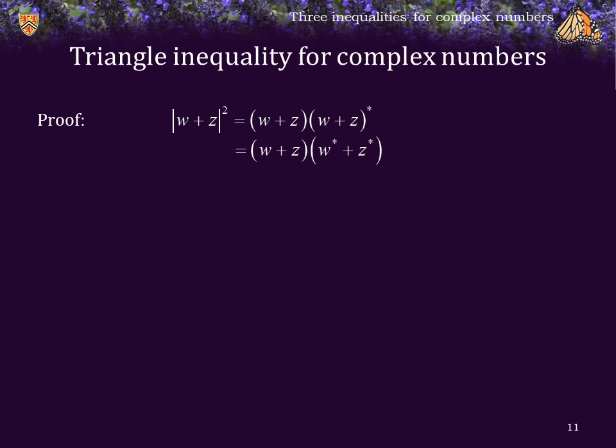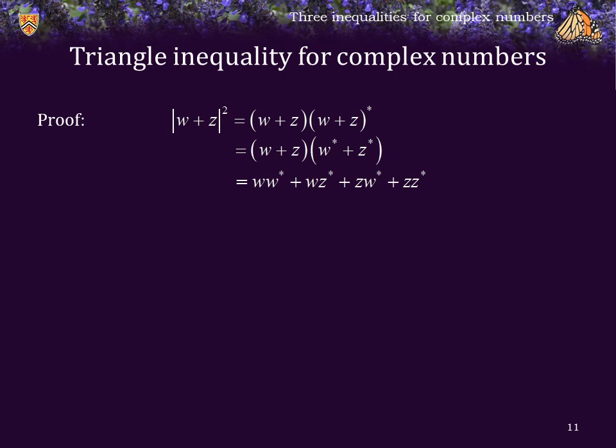And so we'll bring the conjugate inside the second parenthesis. We can now expand this out. First, outside, inside, last yields w times w star plus w times z star plus z times w star plus z times z star.